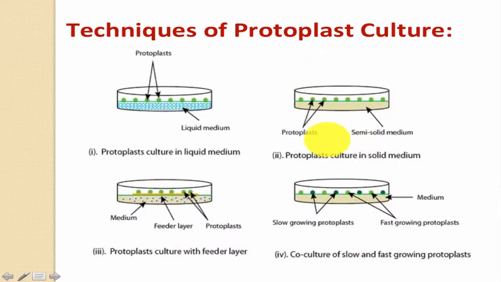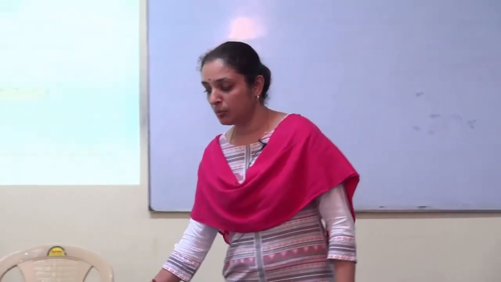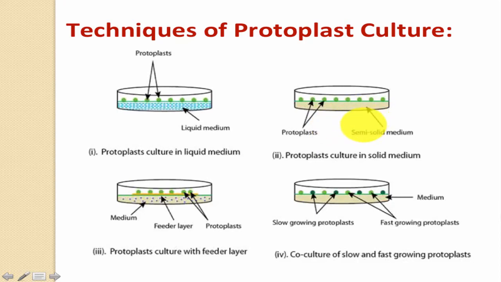The second method is on solid media. We isolate it, centrifuge it, get the deposit of protoplast and culture it on solid media. That will give the propagation of protoplast.